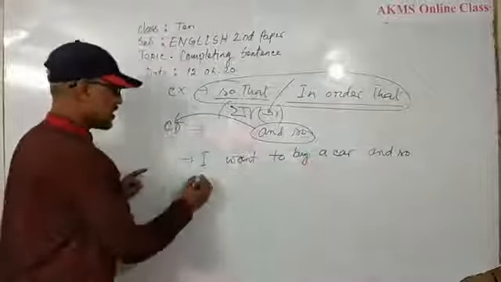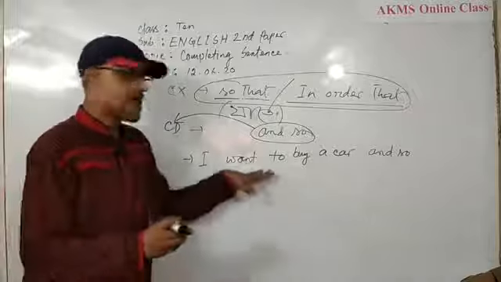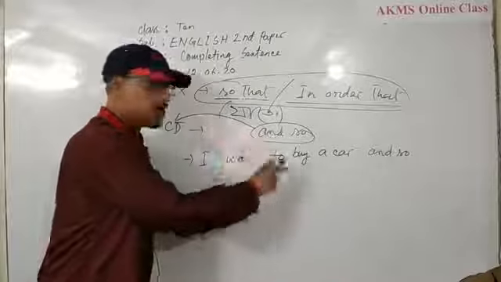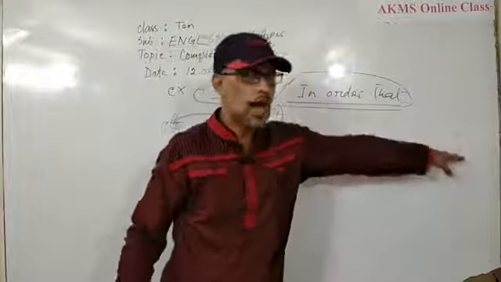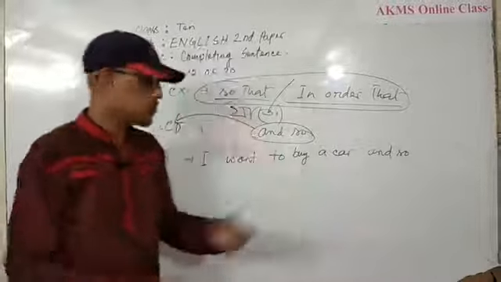Okay, dears? I want to buy a car and so. My objective is it. My aim is to buy a car. And for that reason, what I have done, what I will do, what I am going to do.